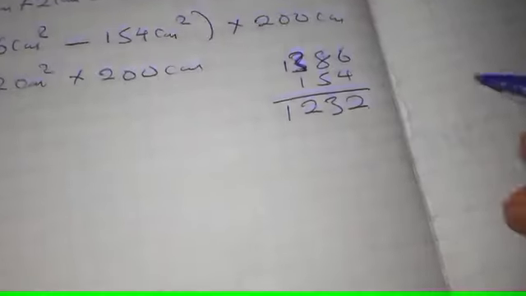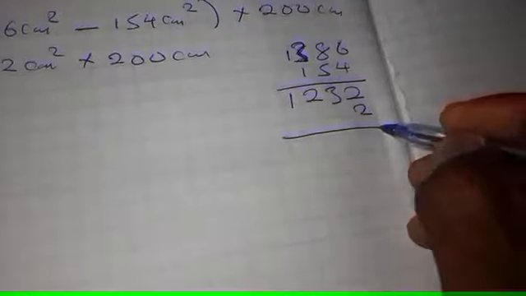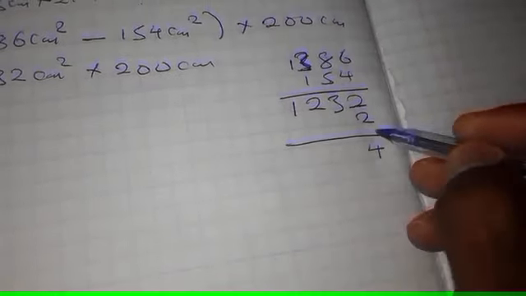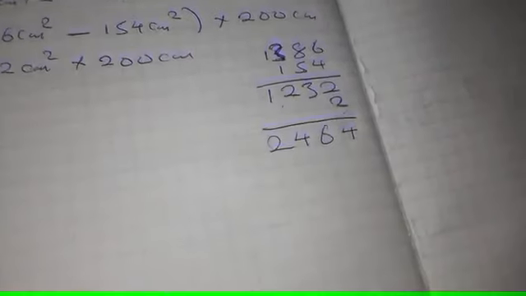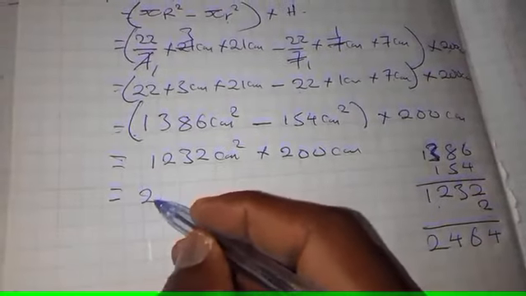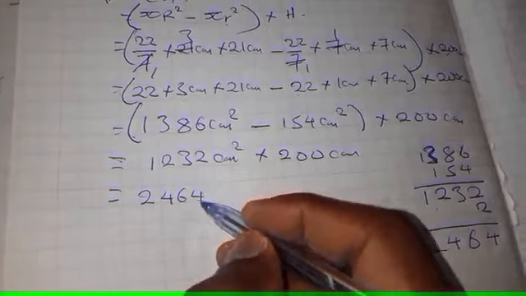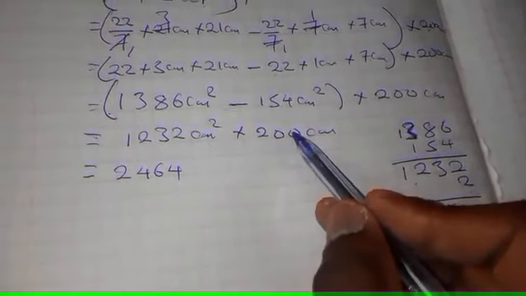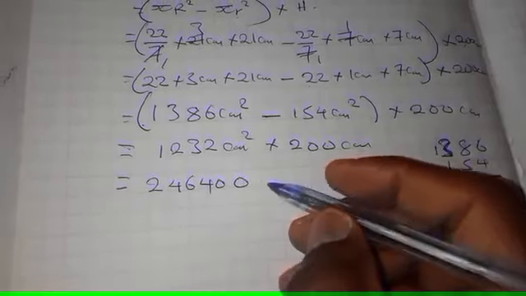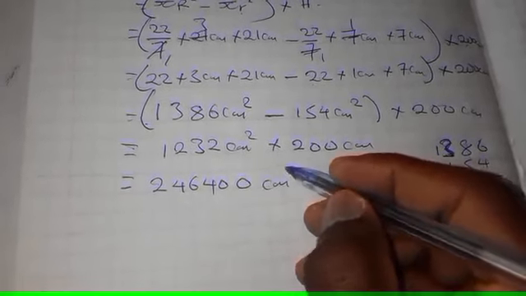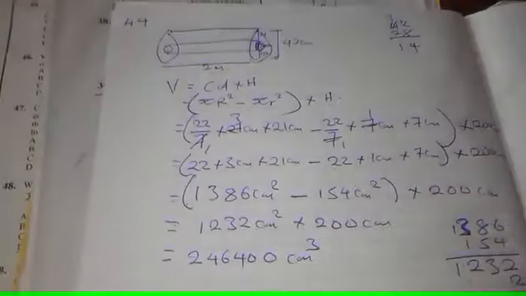So you multiply this one here by 2. 2 times 2, 4, 6, 4, 2. So we have 2, 4, 6, 4. Then 2 zeros. And the volume, that's in cubic centimeters.